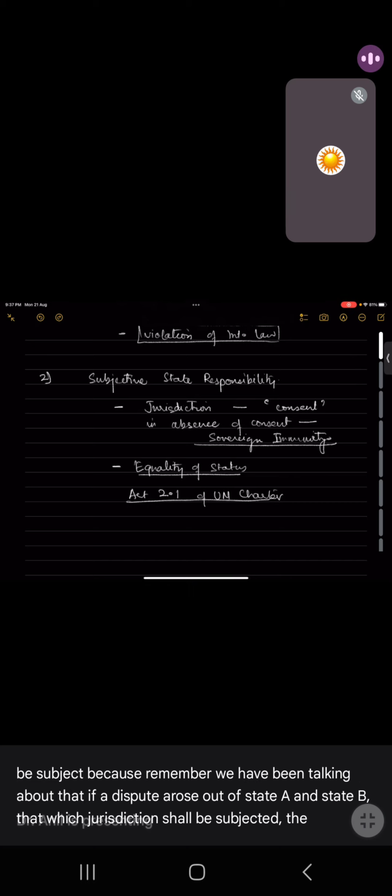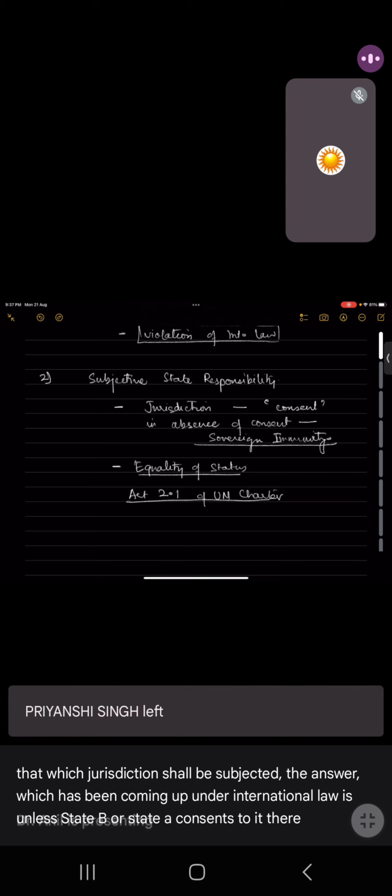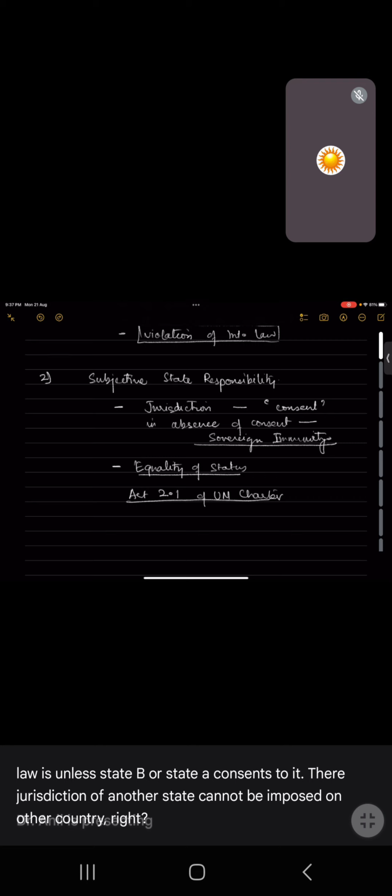The answer which has been coming up under international law is that unless state B or state A consents to it, the jurisdiction of another state cannot be imposed on the other country, right? Yes, sir. Or should I repeat this one?